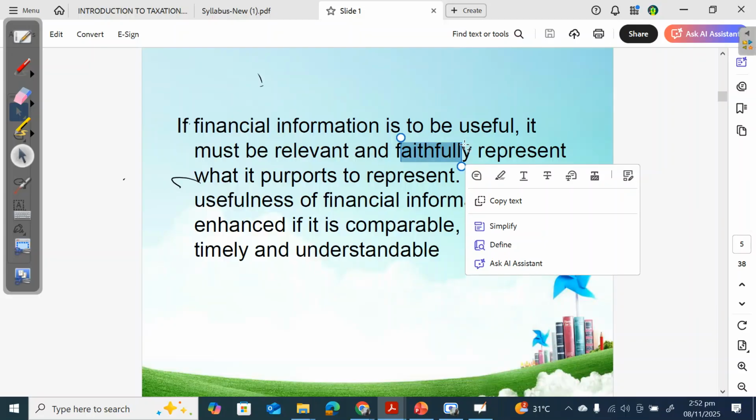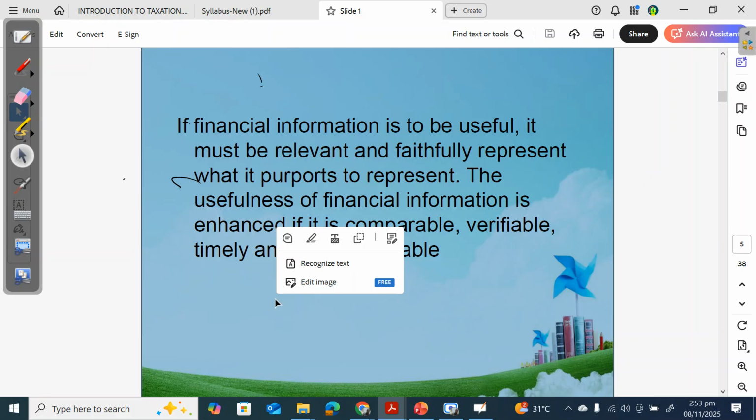I mean, whatever you have stated in it, we should be able to vouch for it. It should be true. Whatever is there must be true. We shouldn't lie in the reports. So that is faithful representation.